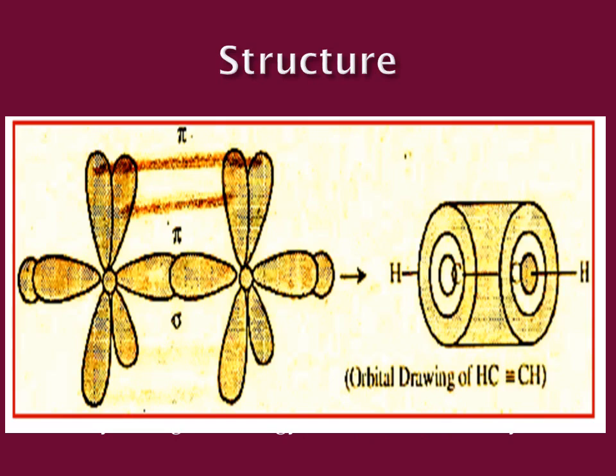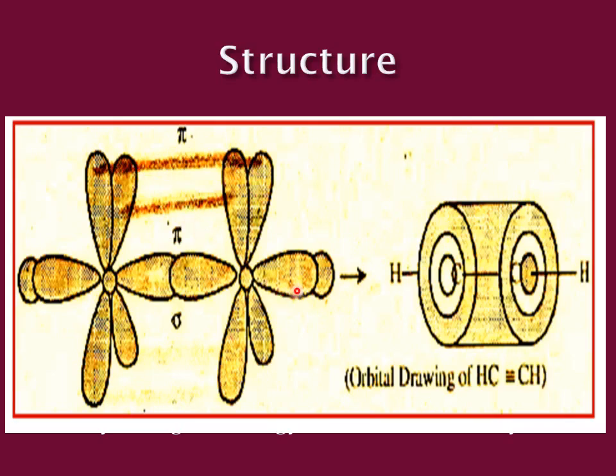Now here you can see the overlap between the two sp hybridized carbon atoms making a sigma bond. The unhybridized 2p orbitals overlap sideways. The overlap occurs between y orbitals and z orbitals to make 2 pi bonds.